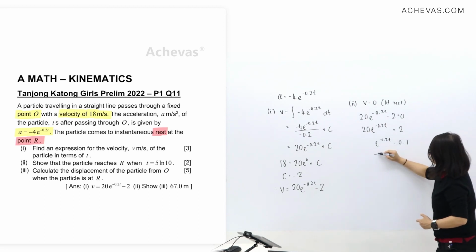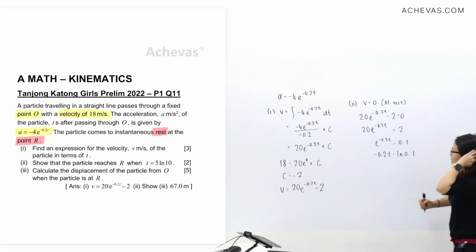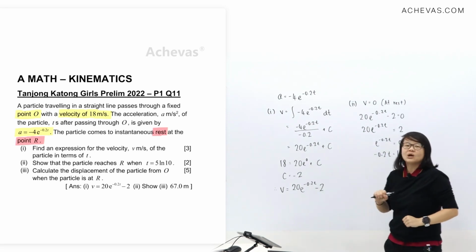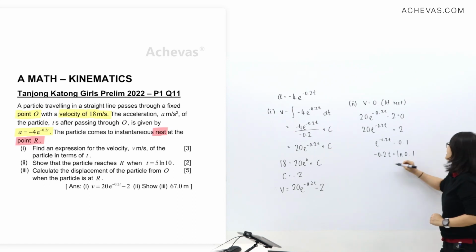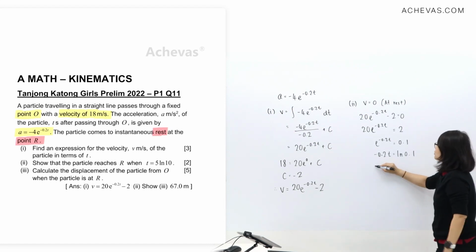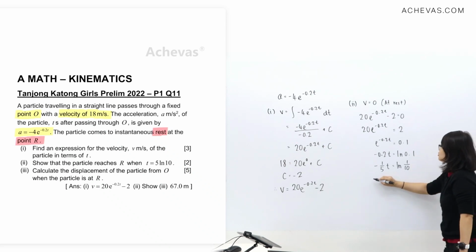And I'm going to take ln both sides. Ln 0.1, and last step. Okay, so remember to look at the question. They want you to put as 5 ln 10. So what happened here is I can rewrite this one as -1 over 5 t, and I can also write it as 1 over 10. I'm going to show you in detail how I'm going to shift it.